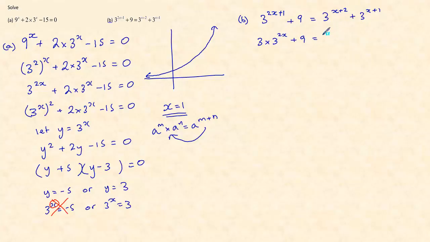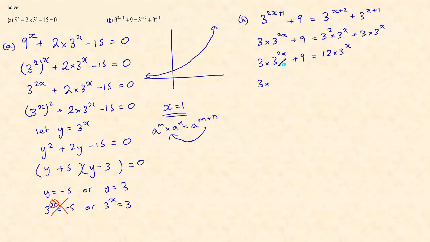This one will become 3 squared times 3 to the x, and this one 3 times 3 to the x. So we have 3 times 3 to the 2x, add 9, is going to be 9 lots of 3 to the x, add 3 lots of 3 to the x, so that's 12 lots of 3 to the x altogether.